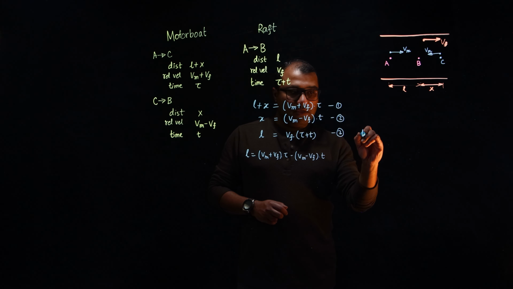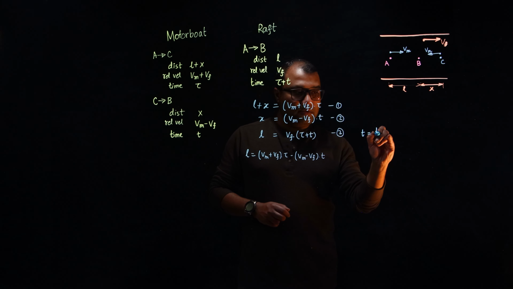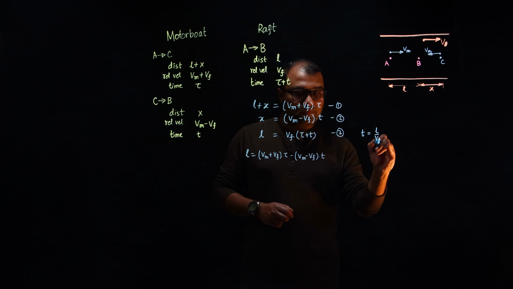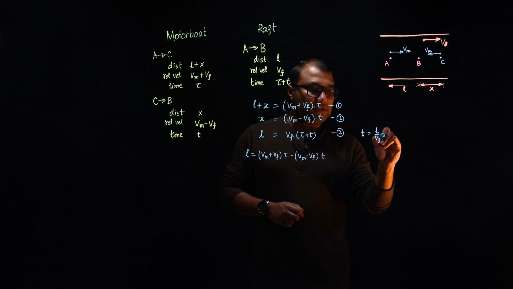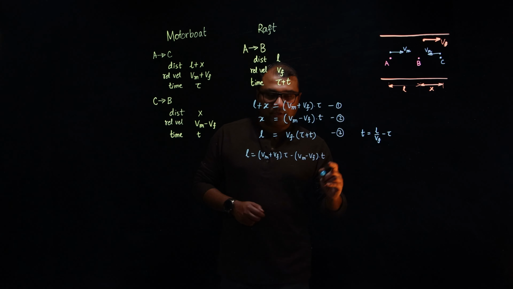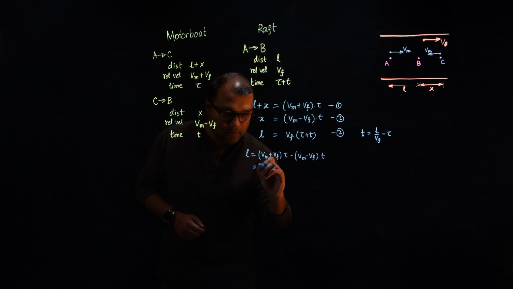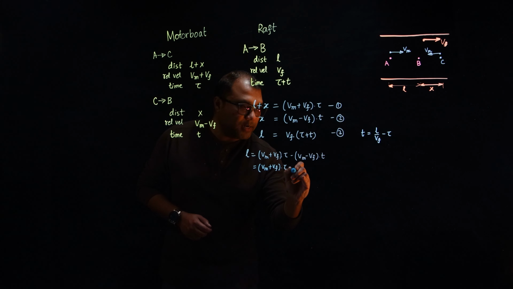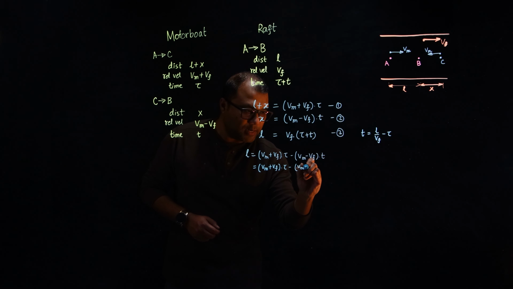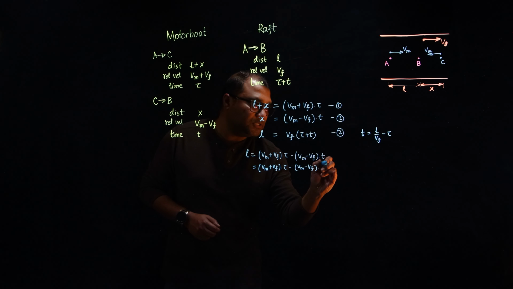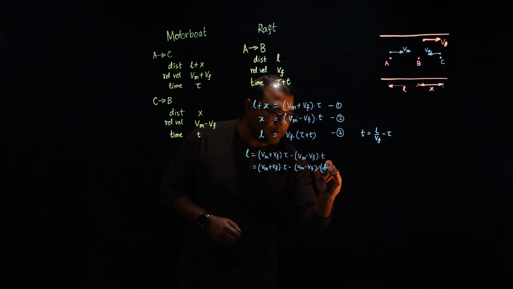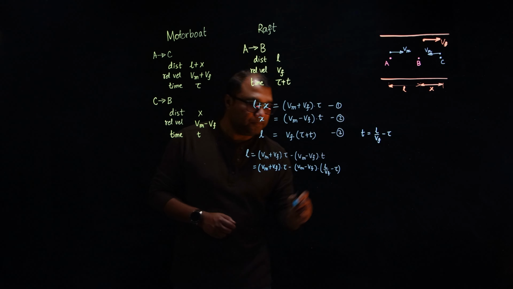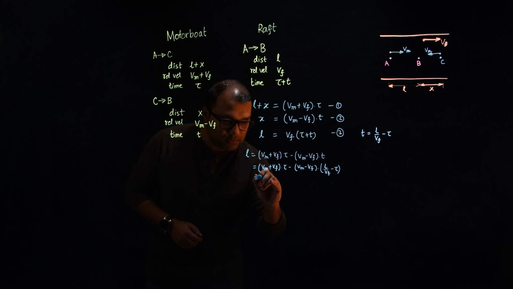What is the value of t from equation 3? It is t equals L by Vf minus tau. So let's substitute that here. This is (Vm plus Vf) times tau minus (Vm minus Vf) times (L by Vf minus tau). Let us expand this.